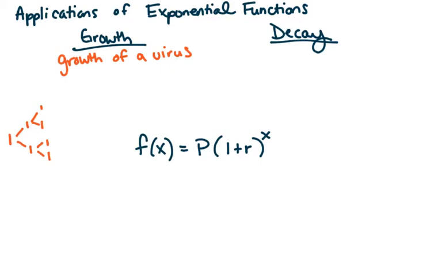And so you'll see that it started with one person, and then there was 2 people, and then there was 4 people. And so I'm multiplying by 2 every single time. So yeah, the growth of a virus is definitely one where you would see exponential growth.